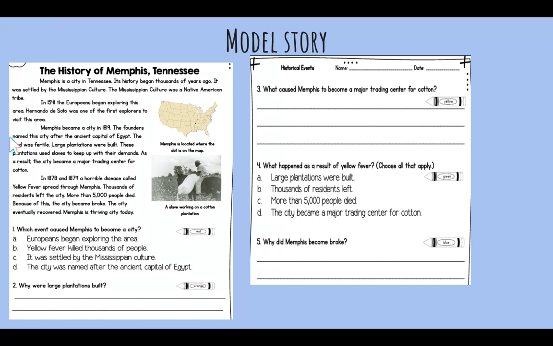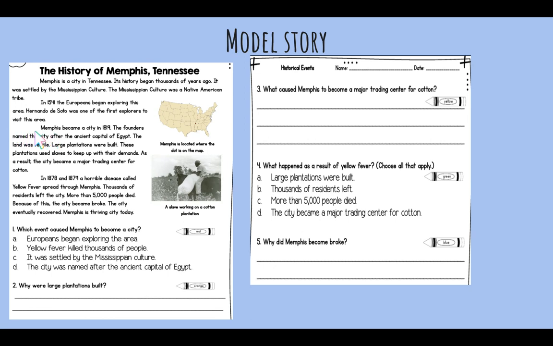Okay. So our first question that we need to answer is, which event caused Memphis to become a city? So it wants to know which one of these connects to why Memphis became a city? Let's see. Oh, here it says in 1541, the Europeans began exploring this area.